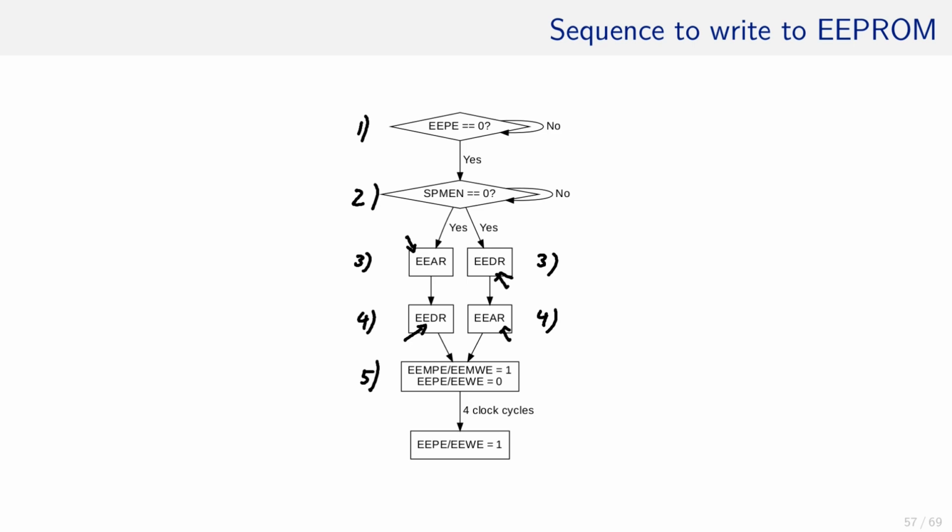Within 4 clock cycles, the EEPE needs to be set. If between these two commands are more than 4 clock cycles, the data is not written to the EEPROM at all. Fortunately, there are helper functions provided by the AVR library which take care of that sequence.